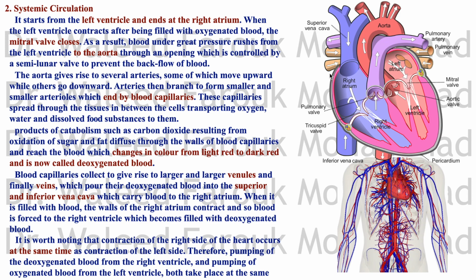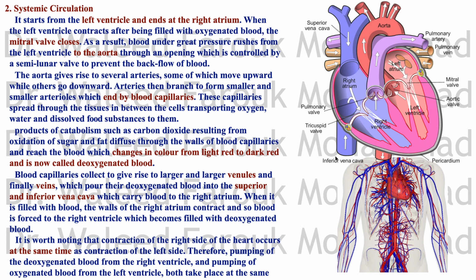Now, venules start to collect after they are loaded with carbaminohemoglobin, and the blood in them becomes deoxygenated blood, and the veins gather together into larger and larger vessels, venules into veins, and so forth, till we reach the superior and inferior vena cava.